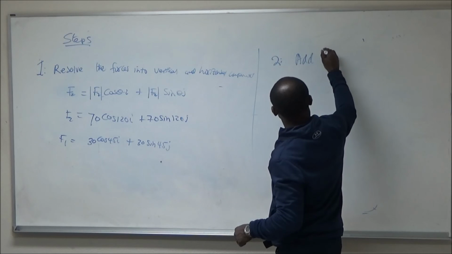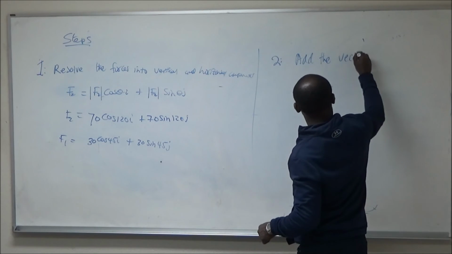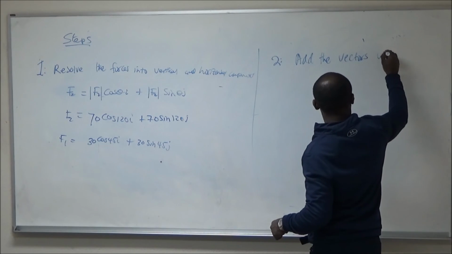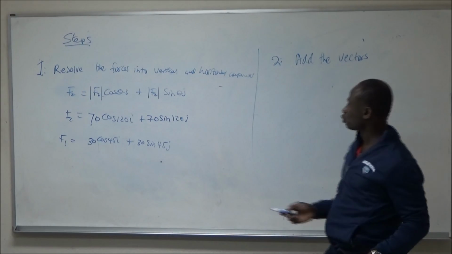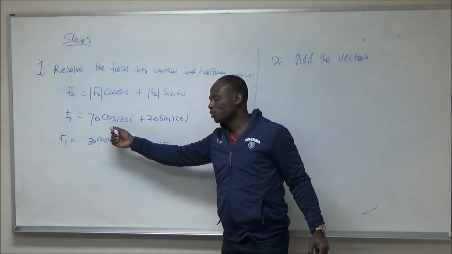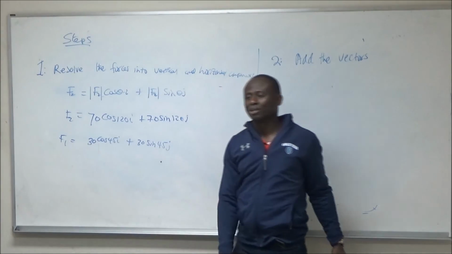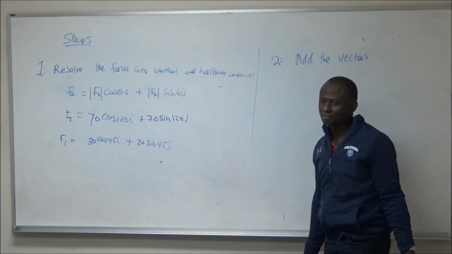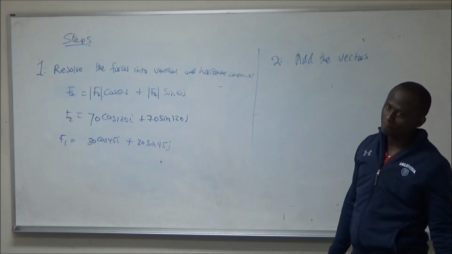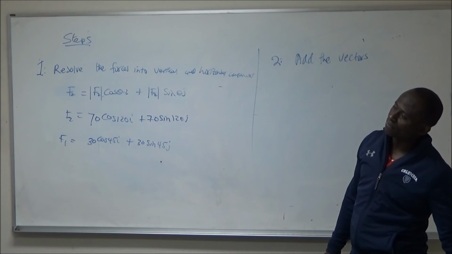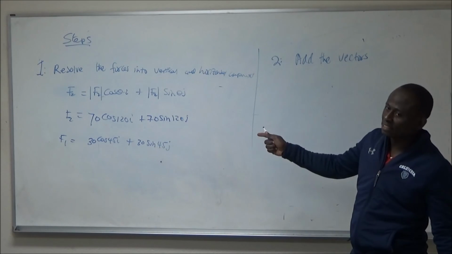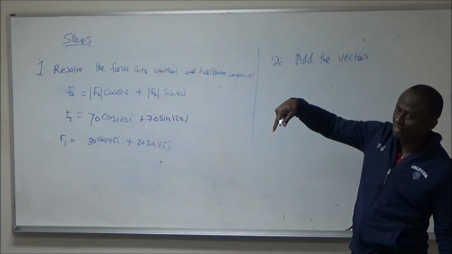add the vectors. Yeah, just add the vectors. So what would it be? Oh, you guys who know the unit circle, what's cosine of 120? This is 90 plus 30, so that's 60.